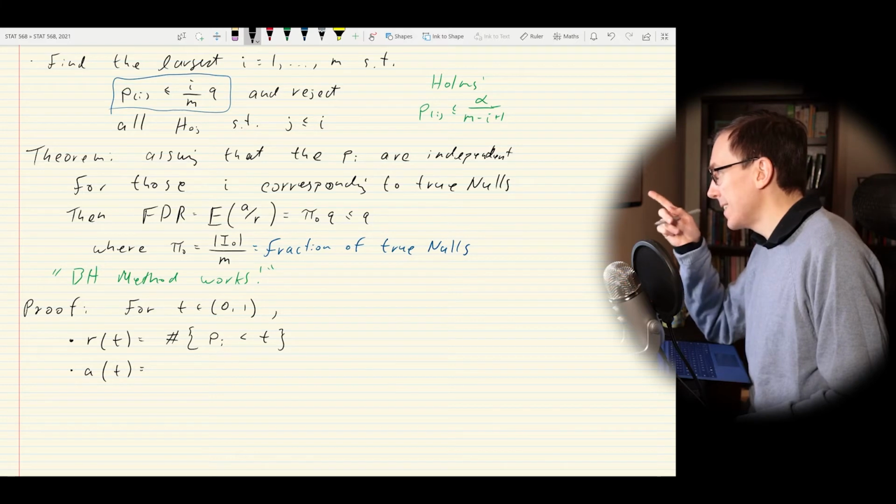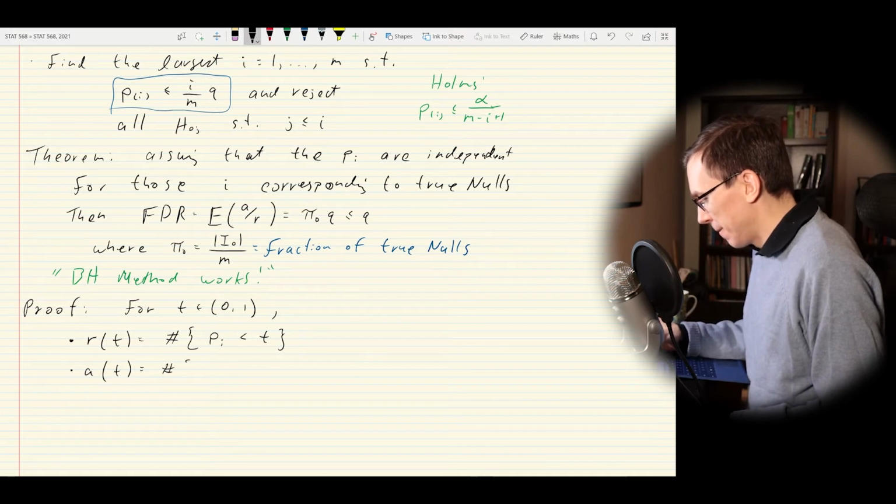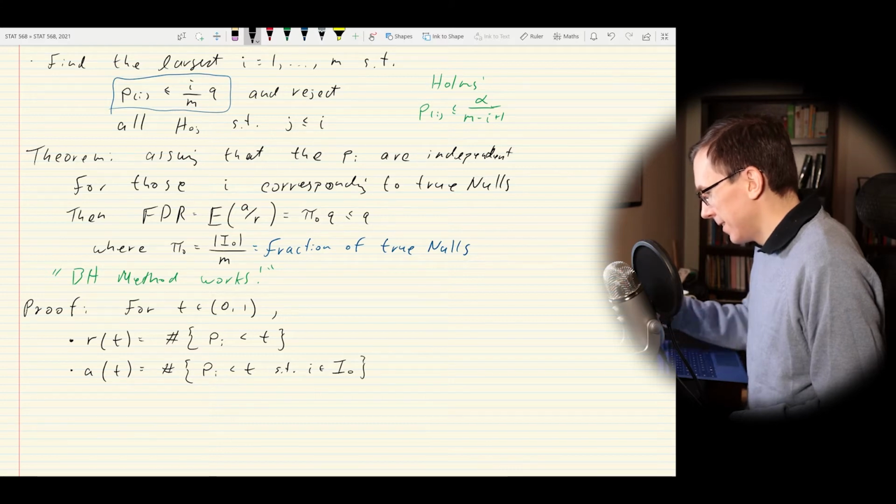Now, A_t is the same thing, but it's the number of p-values from null hypotheses, the number of p_i less than t such that i is in I naught.